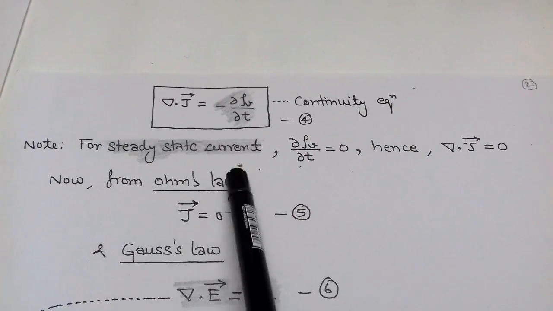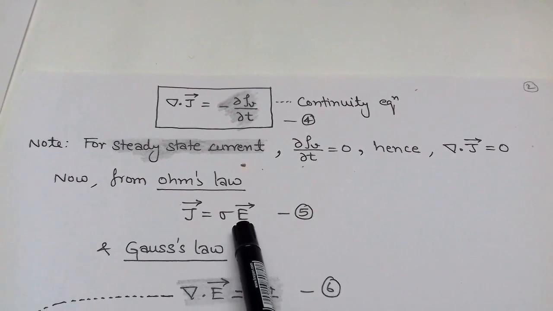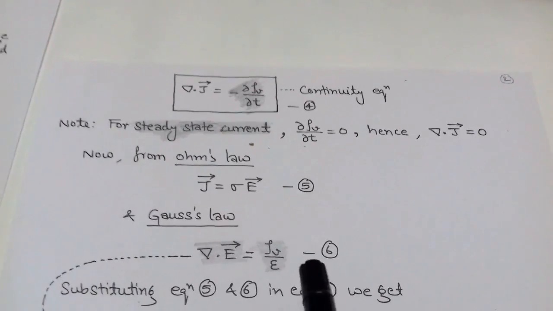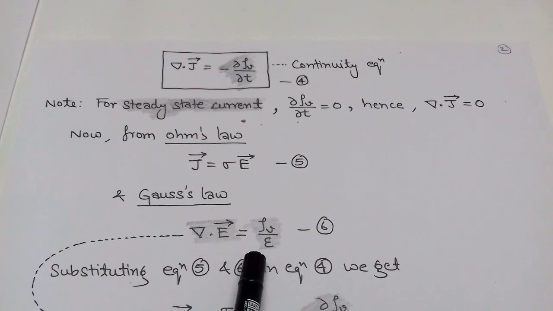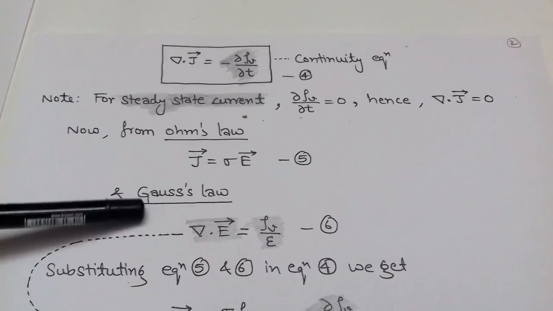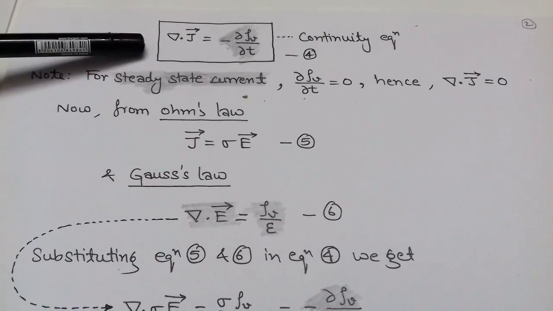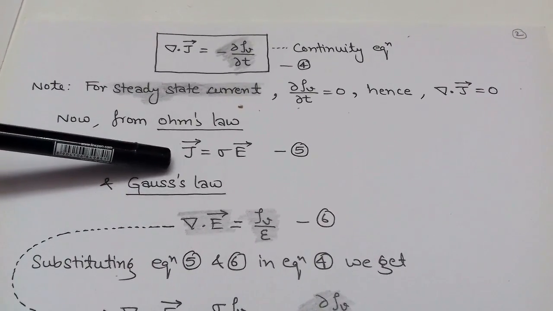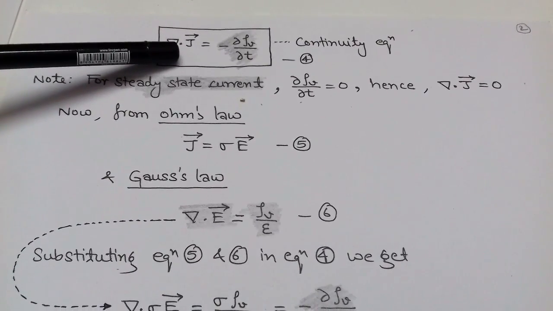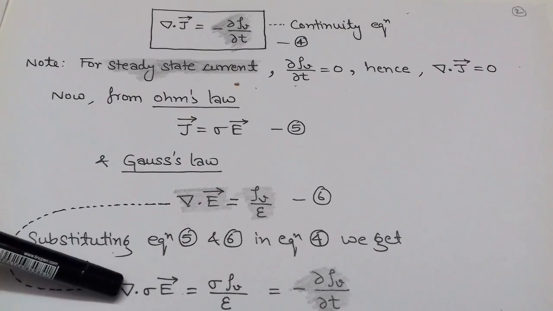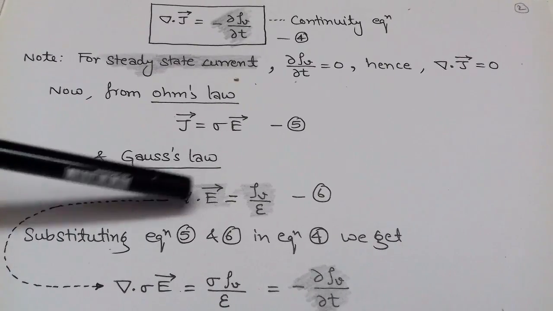Now we know Ohm's law in point form, that is, current density J vector equals sigma E, and we also use Gauss's law, that is, divergence of E equals rho V upon epsilon. So we use these two equations 5 and 6. Now put 5 and 6 in equation number 4. From equation 4 we put J equals sigma E, so it becomes divergence, del dot sigma E. Divergence is only between vectors.